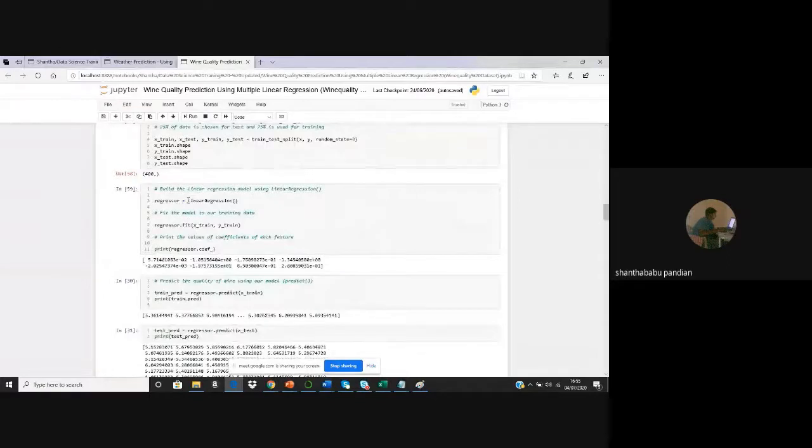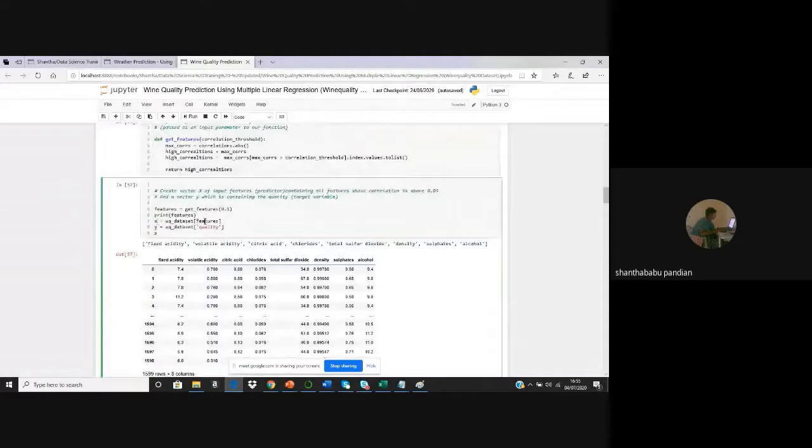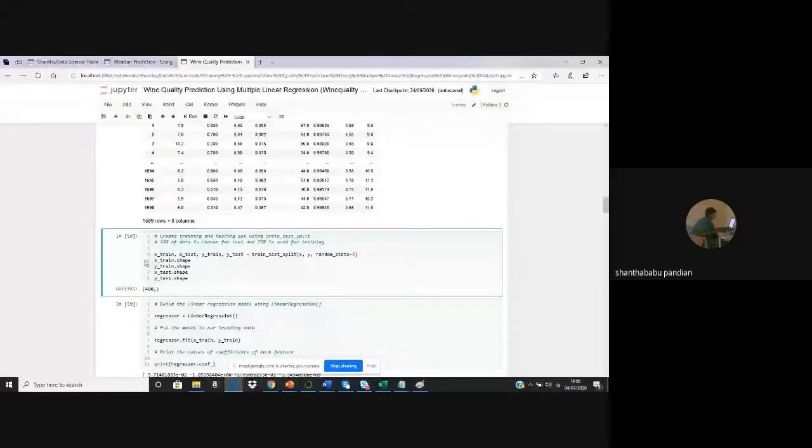X is equal to these features, and only the quality column is going to be my dependent variable. I'm assigning those and doing the random split as usual, then printing all these values. If you look at the print statements, you can understand this.